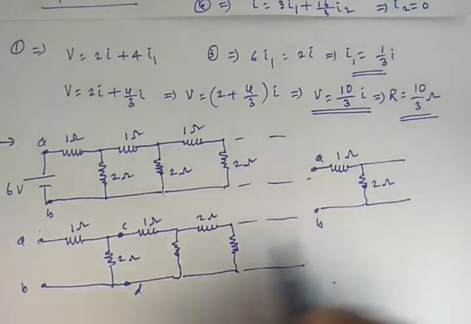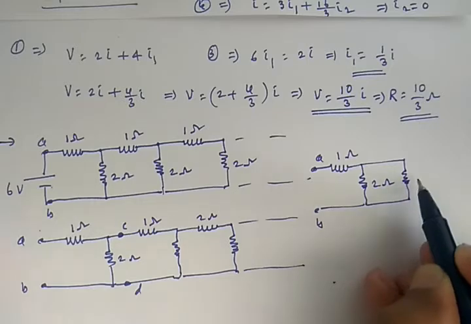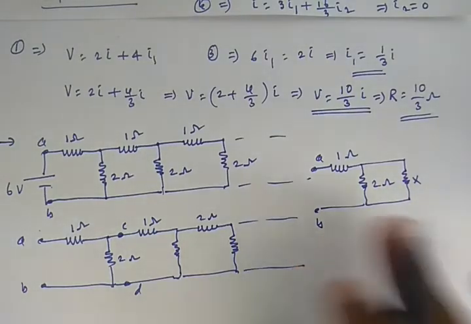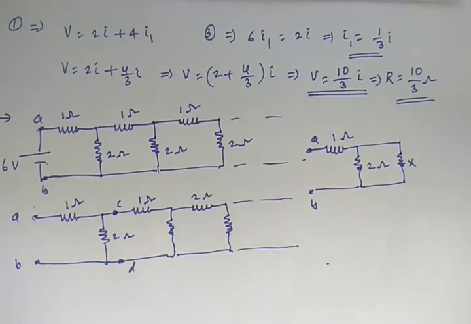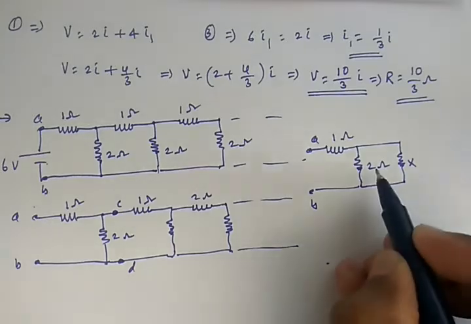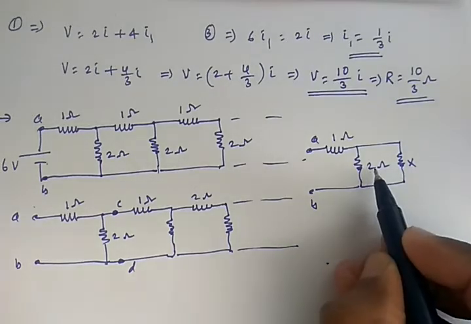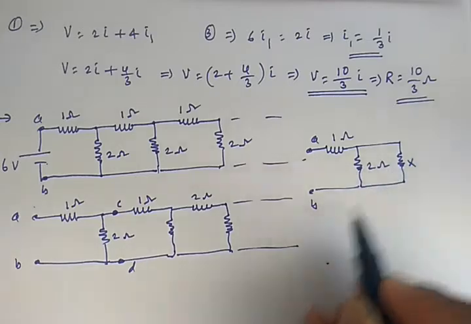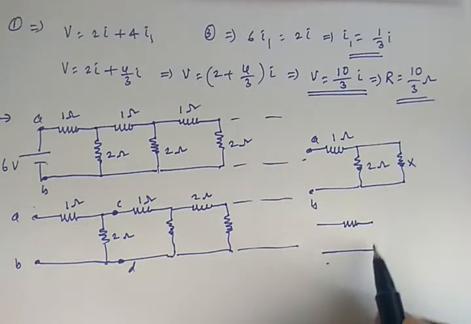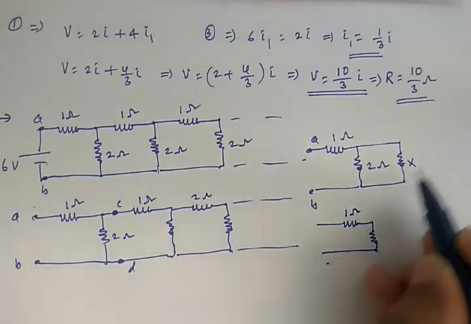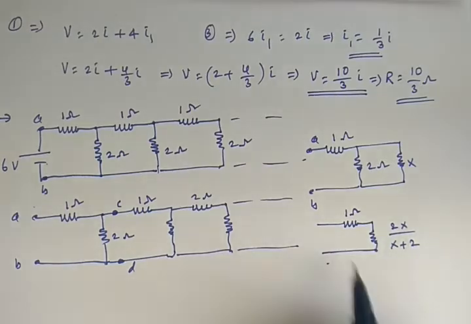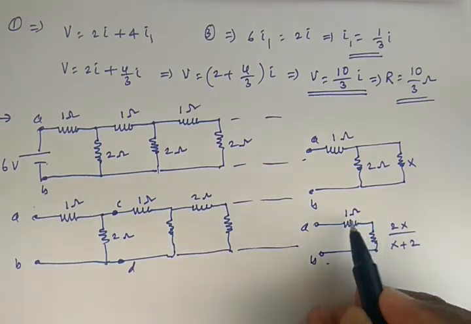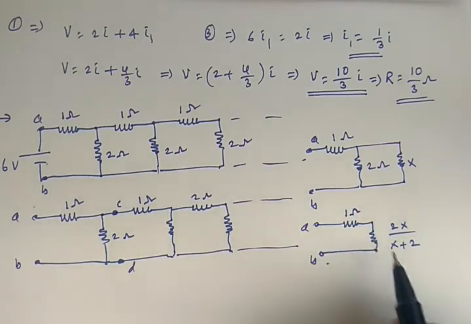Now 2 and X are both in parallel, so the effective resistance of this one is 2x by x plus 2. Then the effective resistance across A and B will once again be X, and that equals 1 plus this part, because both are in series.